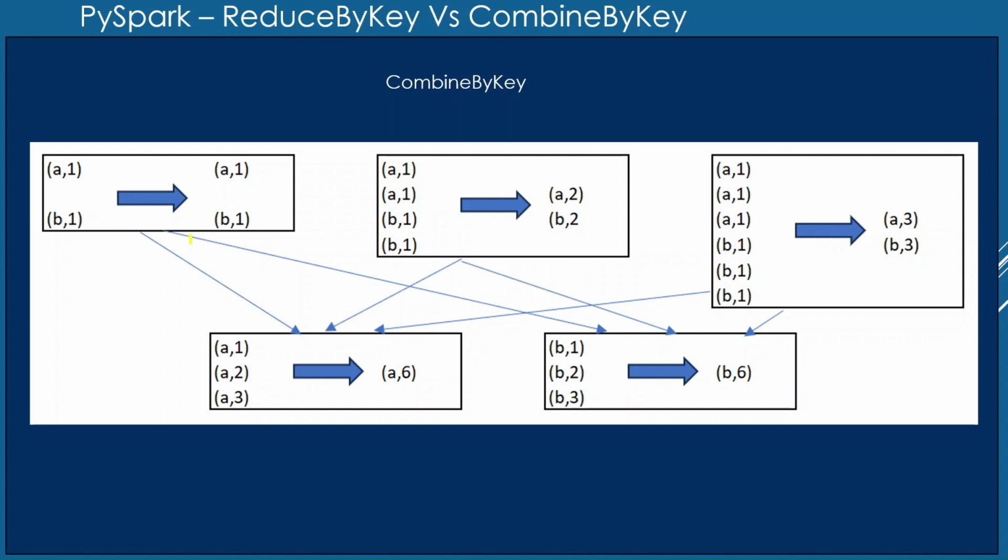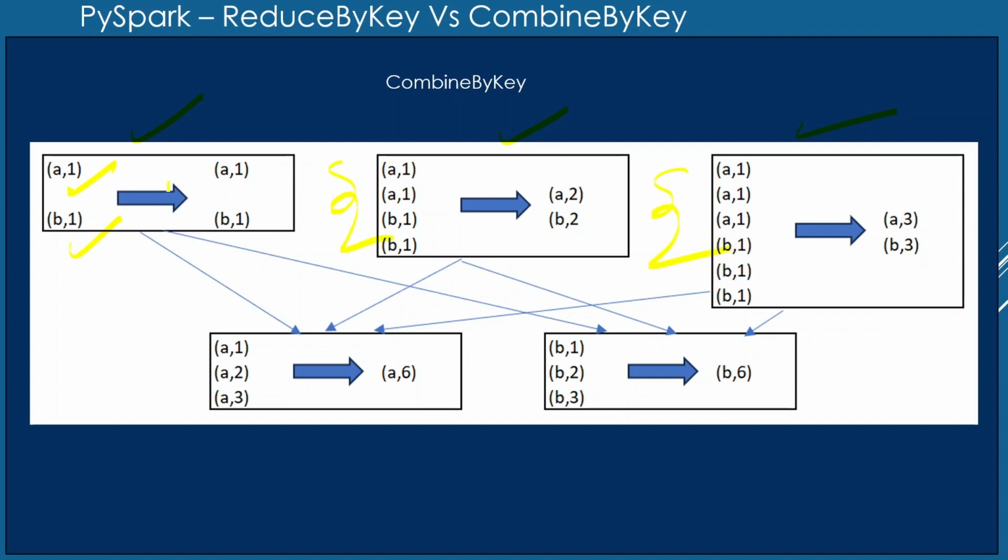So let's understand the combineByKey function with the help of this pictorial representation. This pictorial representation is the same as reduceByKey because the internal functionality is the same. So these are the three partitions. Data points are present in these partitions.